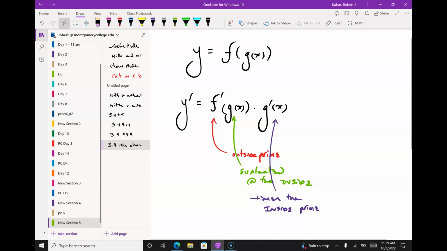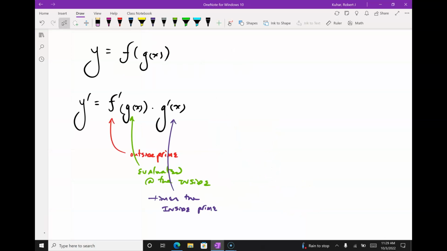So the first game that we have to be able to play is what's the outside function, what's the inside function, right? So if I give you y is the square root of x minus 2x squared, what's the outside function? What's this operation I'm working on the outside here?